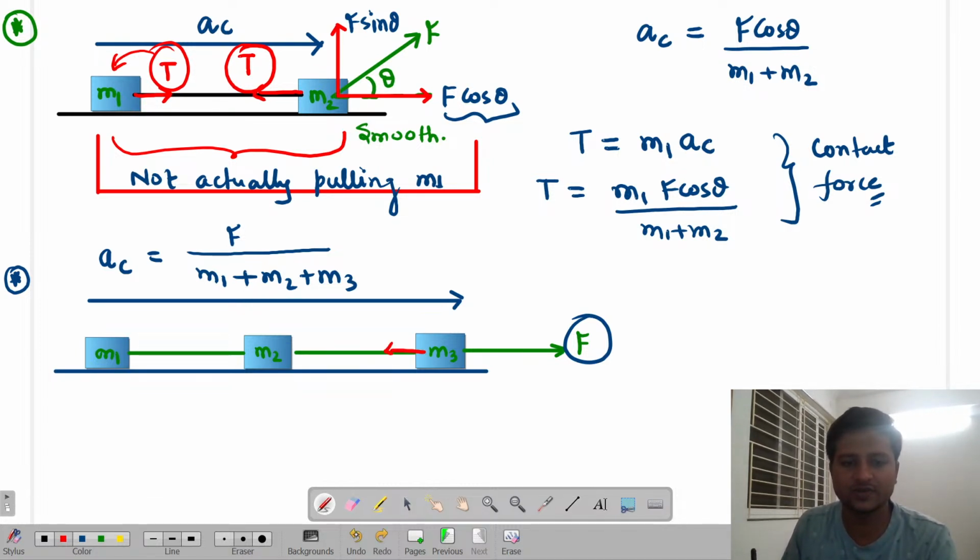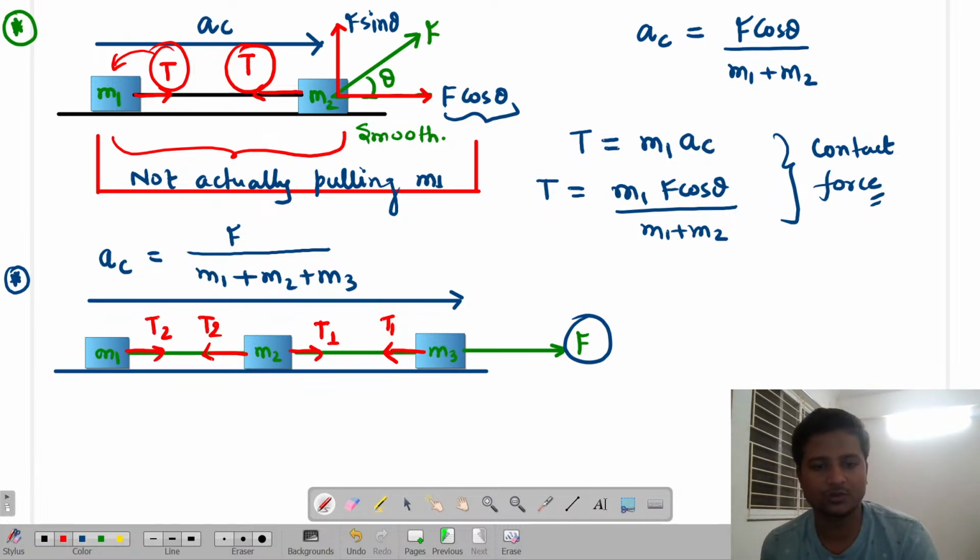This will be the direction of tensions. This will be T1, which will oppose F for M3. For that, equal and opposite reaction T1. Now for this T1, once again there will be a repulsive force, which I call T2, and that will be balanced by another T2. Are you able to get me or not?